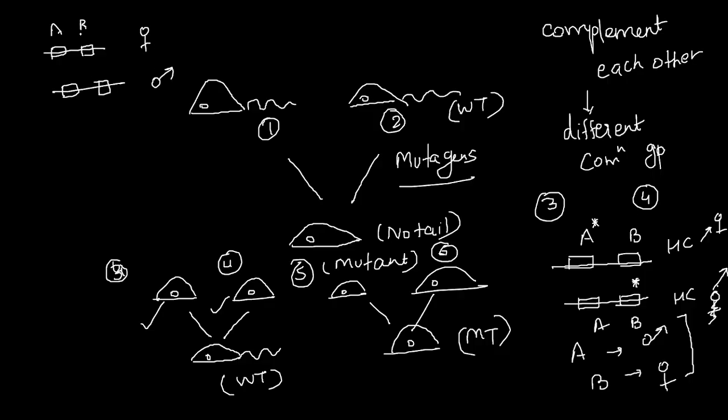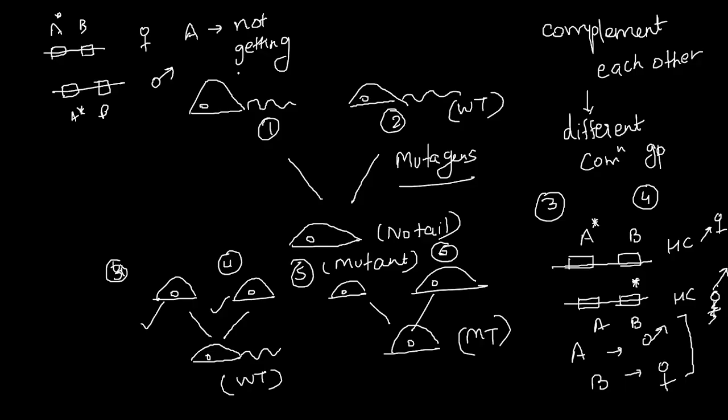Both have the mutation either in the A gene or in the B gene. So the progeny is not getting the two sets of good genes, it is not getting the good gene of A. Okay, and we are talking about the progeny, so it is again tailless.